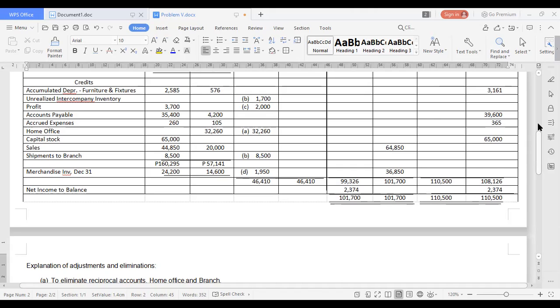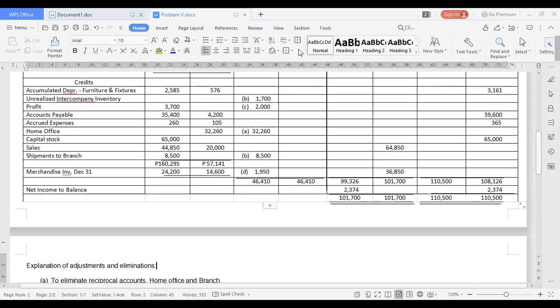Requirement number 3, prepare combined statements. Now that we already have the covering, adjustments, and elimination entries, and we also have the worksheet, it will be easier for us to answer requirement number 1. Now we have the individual statements for the branch and for the home office.